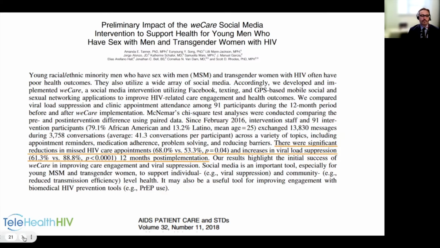So I don't know why they would post protected health information in a private Facebook group, but this intervention involved private Facebook groups. And there were significant reductions in missed HIV care appointments and increases in viral load suppression up to 12 months post-implementation. So I wanted to give you some examples and throw out there that there are some platforms that are very inexpensive and very user-friendly, involving things like texting. Some things are a little more time-consuming, like having a moderator in a private Facebook group who's answering questions and things like that.